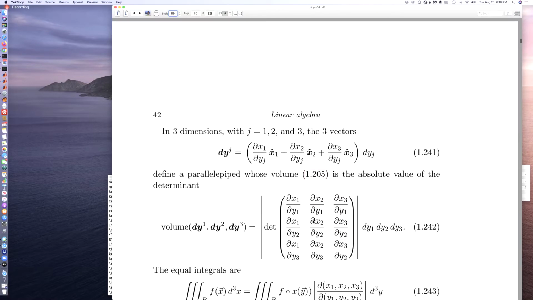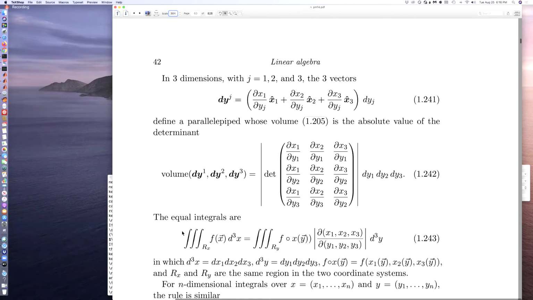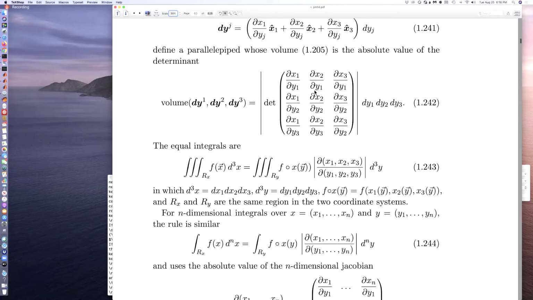In 3 dimensions, when you change the new coordinates yj, the point moves in this way, and it looks like that. And the volume element then is the volume of a parallelepiped, and it's the absolute value of the Jacobian.